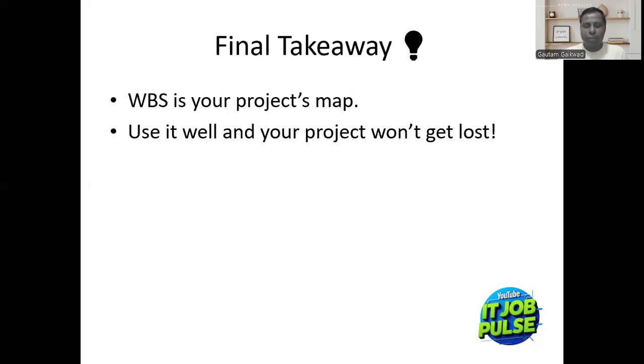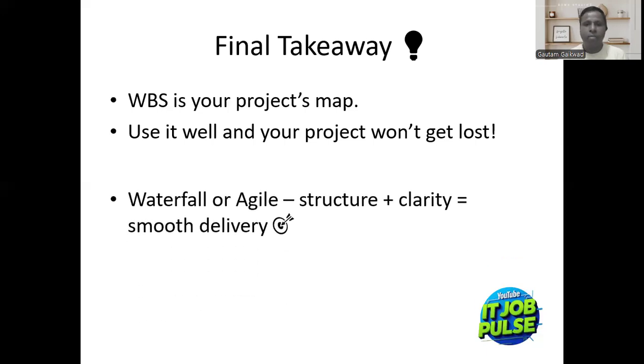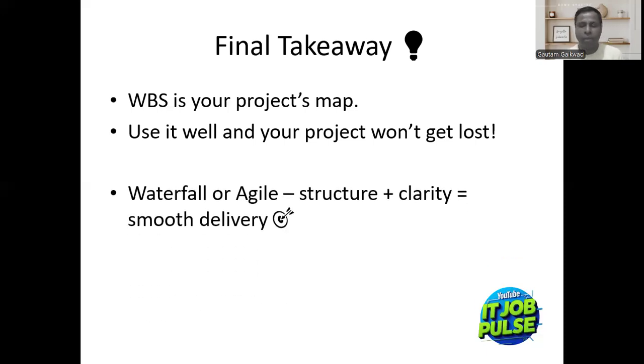Same way, the WBS, work breakdown structure, is your map, and we have to follow it vigorously. Then it makes sure that we are delivering the scope and delivering the project. Waterfall or agile, structure plus clarity is equal to smooth delivery.